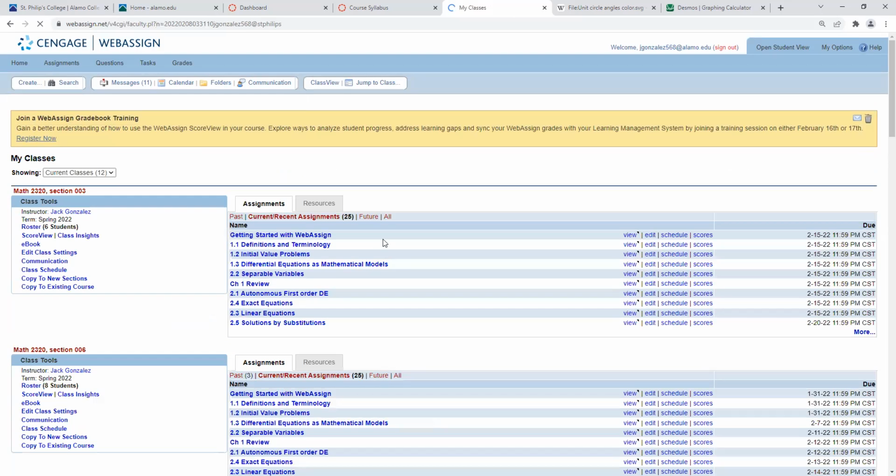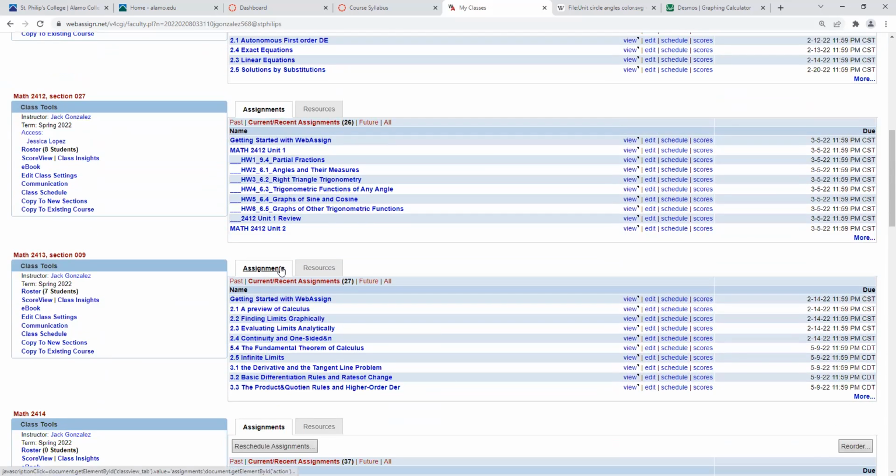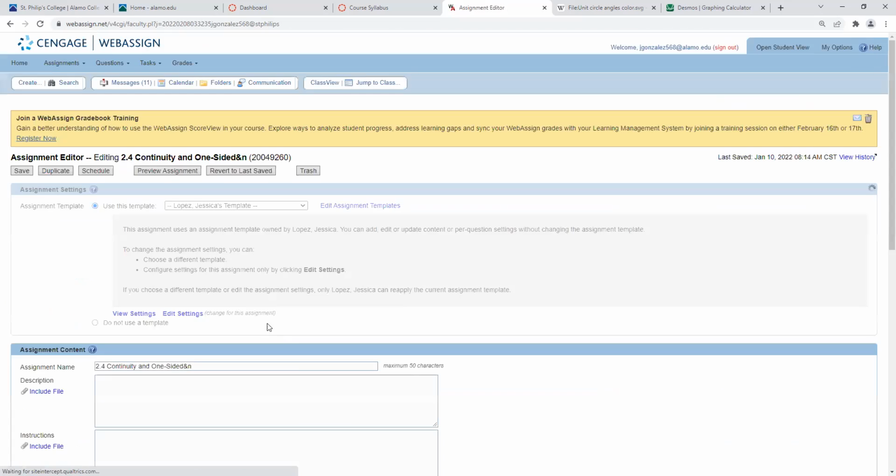If you just go to the homework, you don't have to. Is there a button that can just go straight to my assignments? If you click any assignment, can't you just go to something else on the list? You said 2.4, right? Yes. 7?